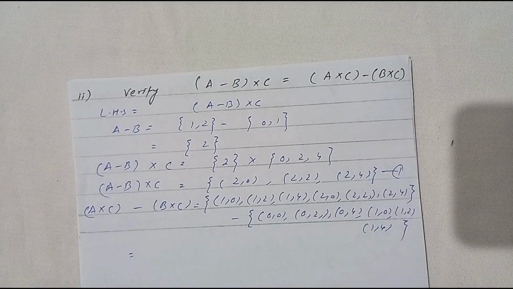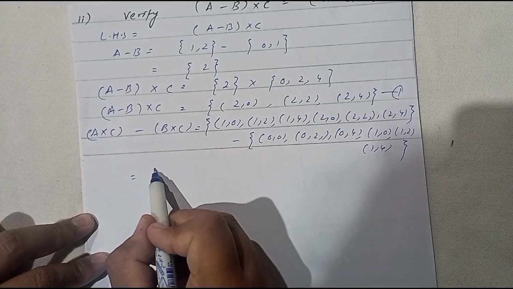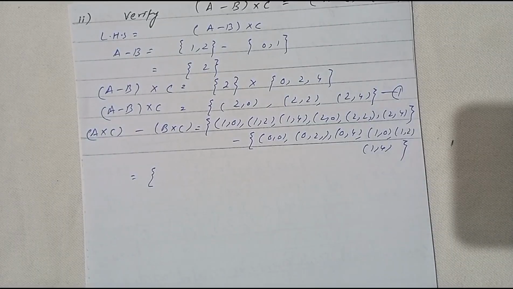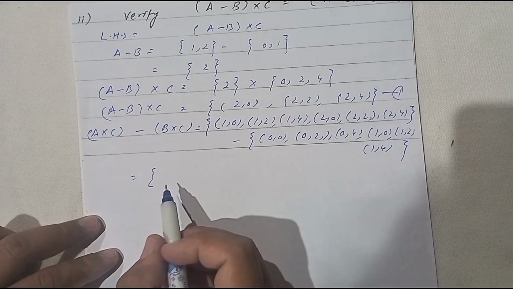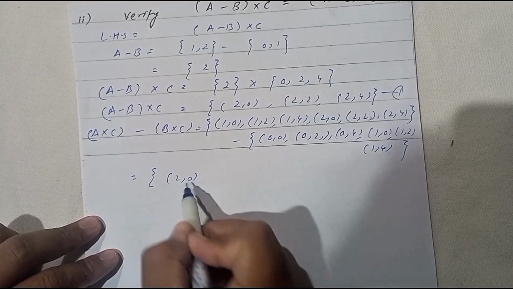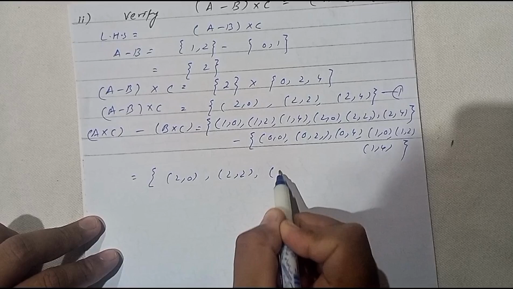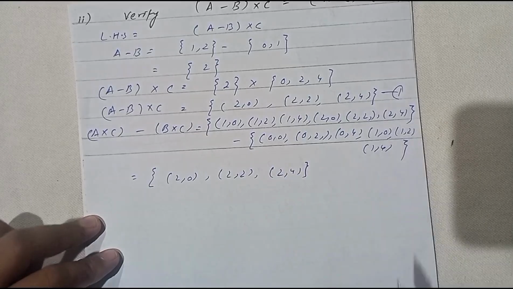Now we subtract B cross C from A cross C. We cancel the same elements that are in both sets, as they are subtracted from each other. So the set contains only the elements (2,0), (2,2) and (2,4).